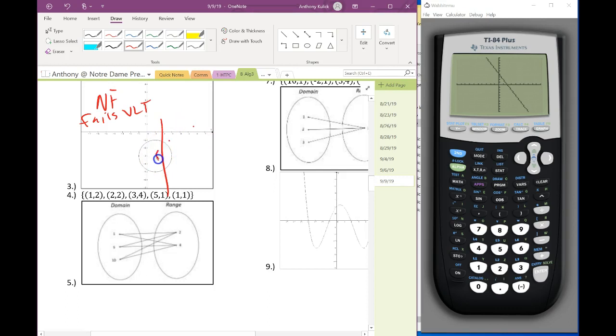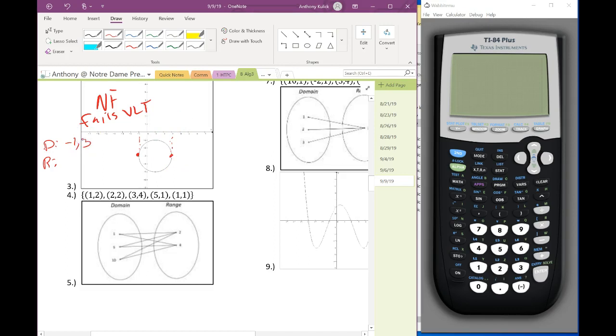Okay, let's do the domain and range. To do the domain first, we need to locate the leftmost point on the graph. That looks like it's this point right there. Everybody agree with that? If I track that up, that looks like that's the x-coordinate -1. Then I'll find the rightmost point on my graph there. If I track that up, that looks like it's the x-coordinate positive 3.